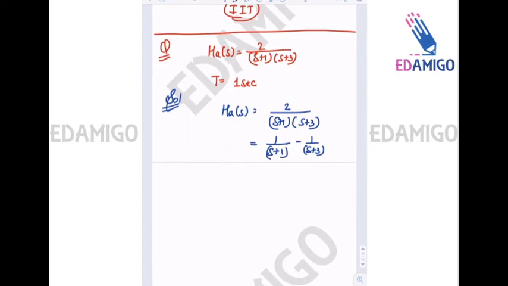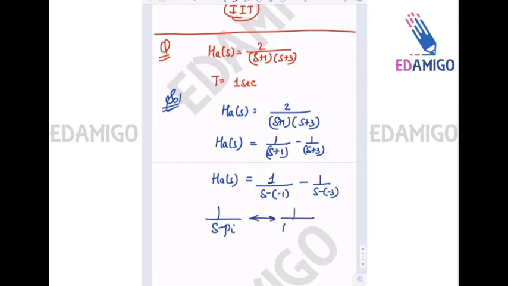So this is H(s). This can be written as 1 upon s minus (minus 1) minus 1 upon s minus (minus 3). Now for H(z), we know the transformation. Let me write it for you. 1 upon s minus p is transformed into 1 upon 1 minus e to the power p T z inverse.